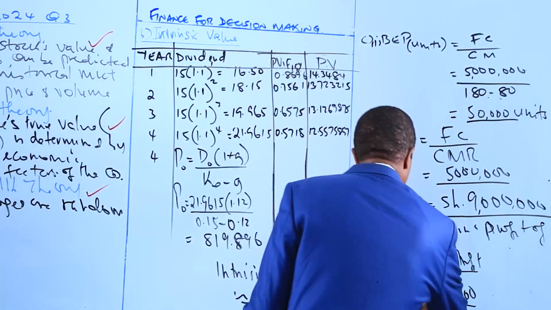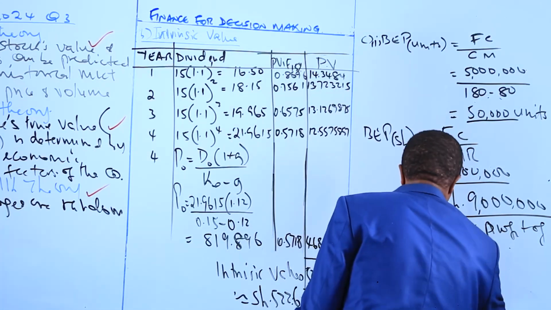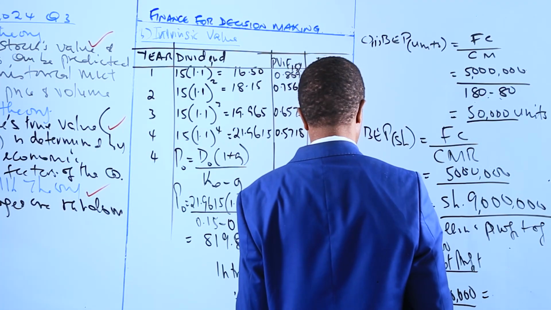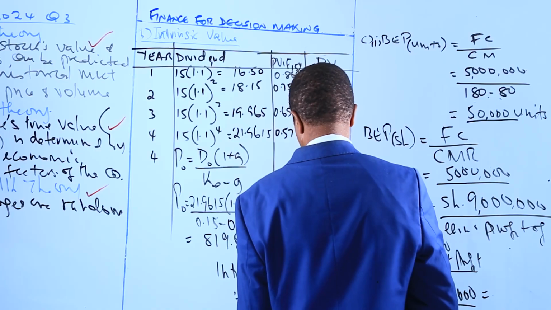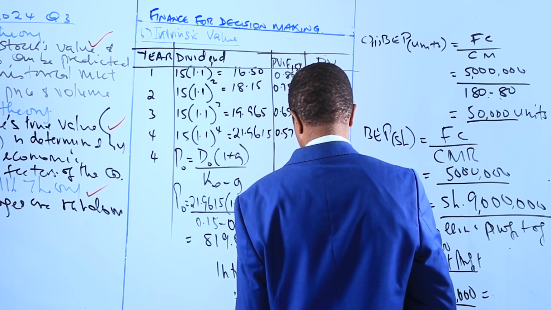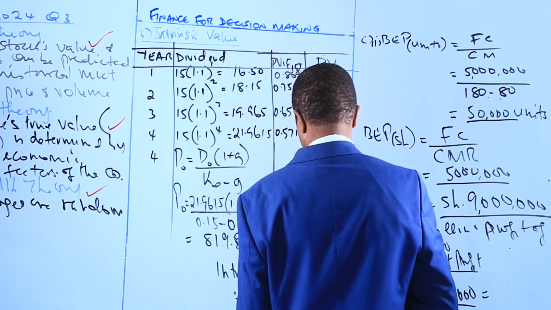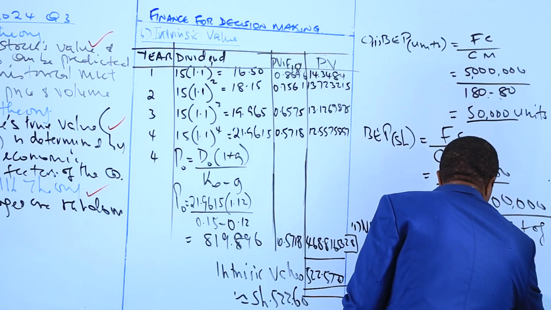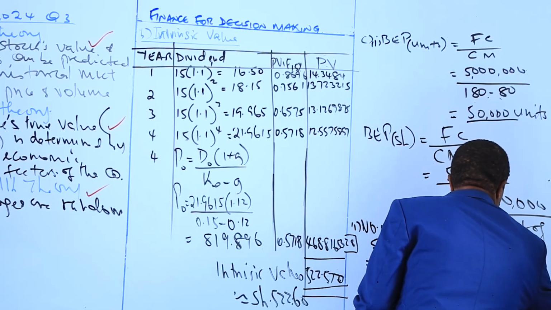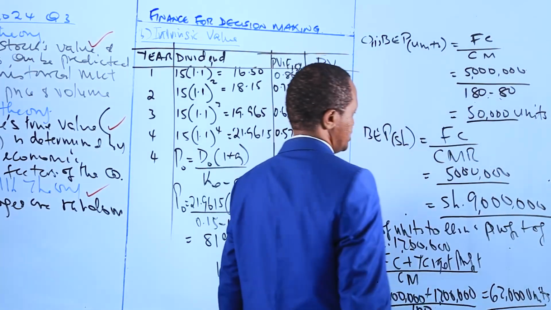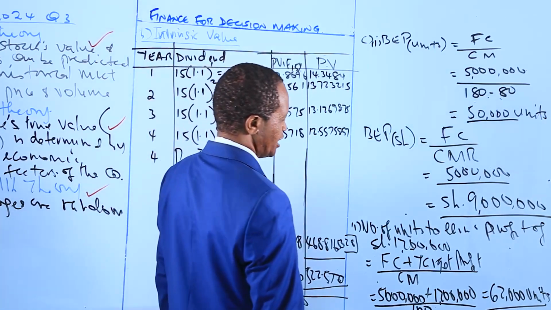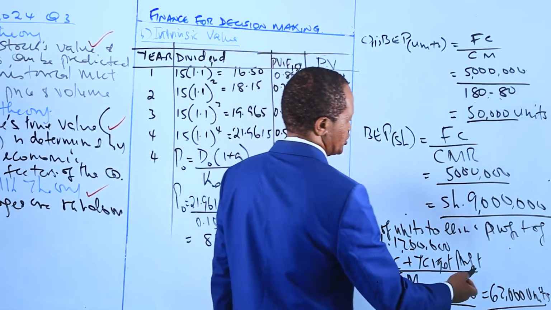So this will be equal to 5 million plus 1.2 million, that's 6.2 million, divided by 100. This is 62,000 units. So if the company intends to earn a profit of 1.2 million, then the company must produce 62,000 units.